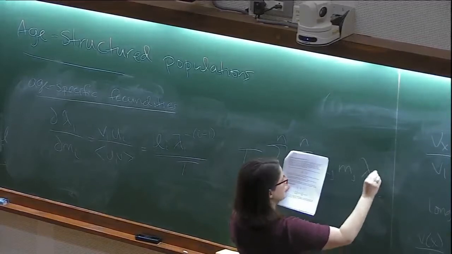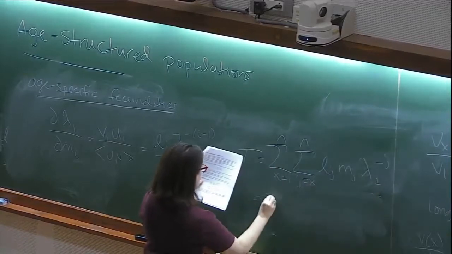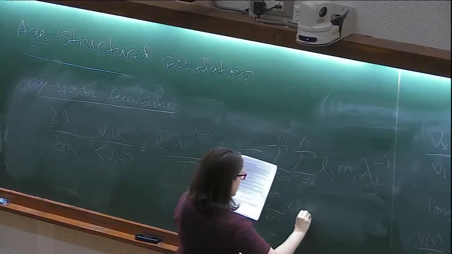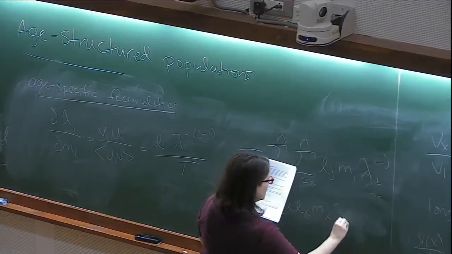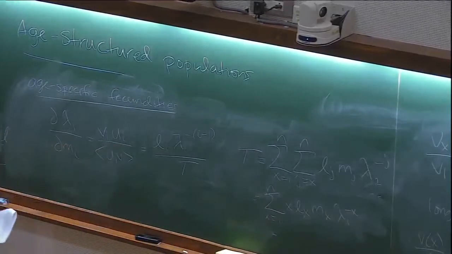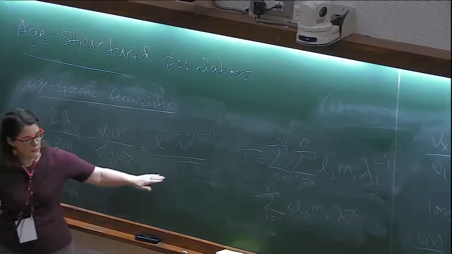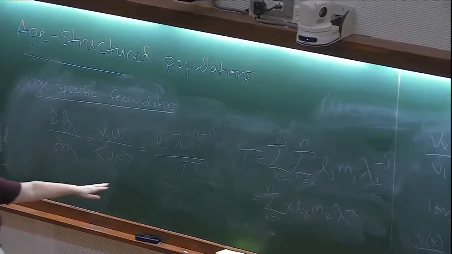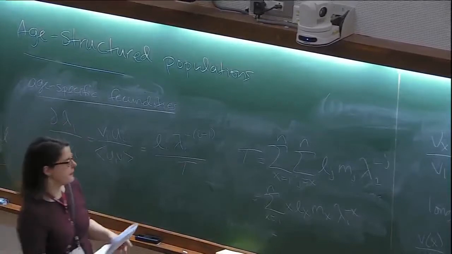Lambda, I can rewrite it this way. The denominator, this is the general case, but we can rewrite it this way for a Leslie matrix. And the nice thing is this denominator is a measure of generation time.